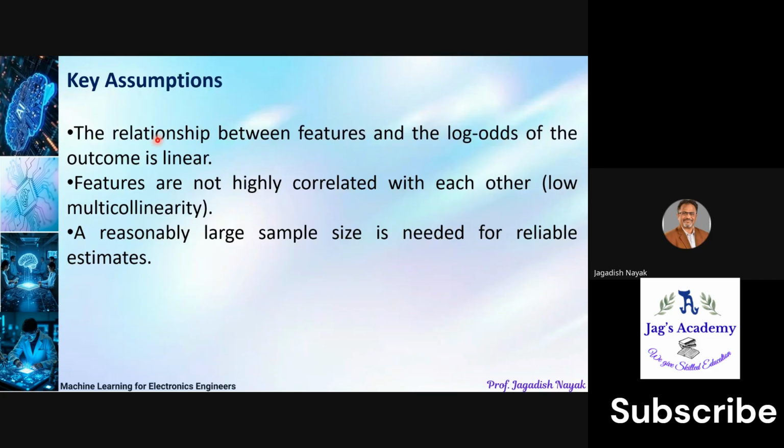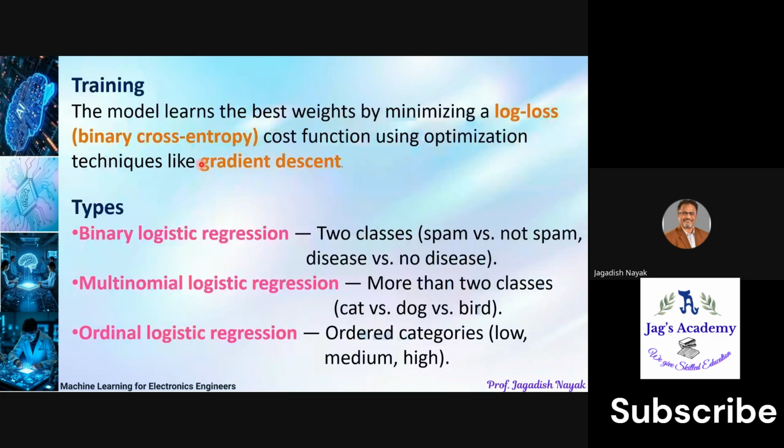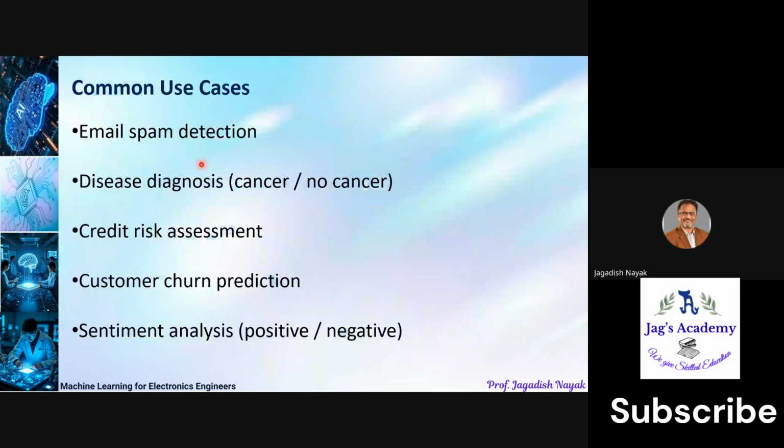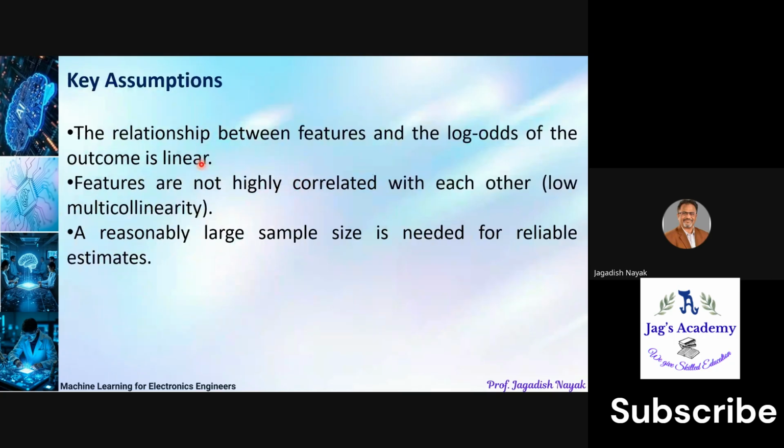Now, some of the assumptions: the relationship between features and the log odds of the outcome is linear. So here, once again, we are going to use the linear equation only, assuming your relation is linear. Then features are not highly correlated with each other, which is called low multicollinearity.